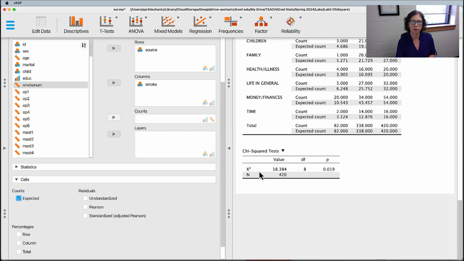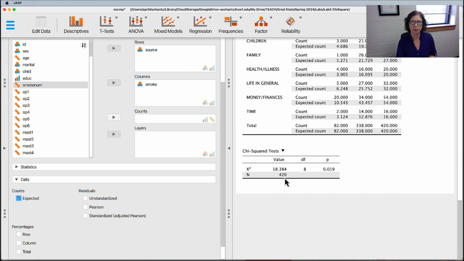So we can just use the chi-square normal estimate of 18.38. Our degrees of freedom are 8, and our p-value is 0.019, indicating a significant chi-square test. So that means that there is an association between major source of stress and smoking behavior. So we would want to let the reader know that as well.